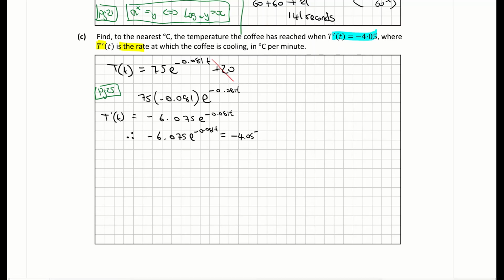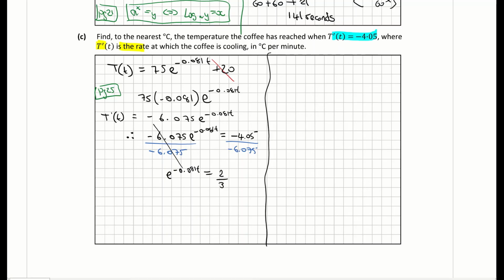So I'm going to divide both sides by minus 6.075. So a lot of this is calculator work here. So that becomes 1, which gives me e to the power of minus 0.081t equals, which simplifies to 2 over 3. And from here on in, actually, it's very similar to part B. So it gets a little bit easier there.